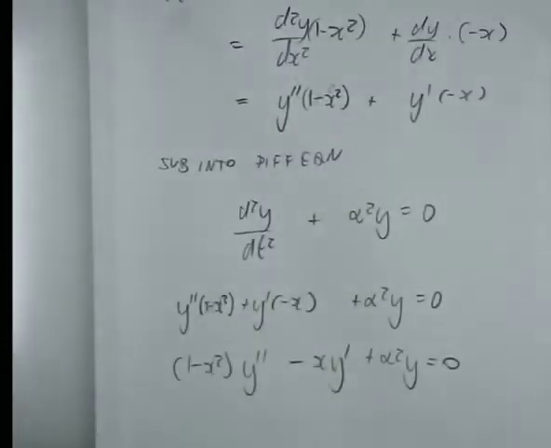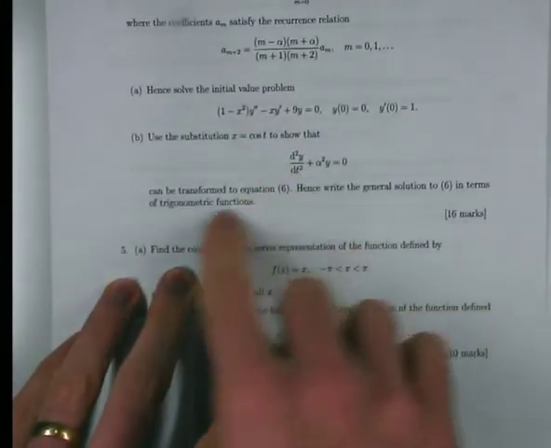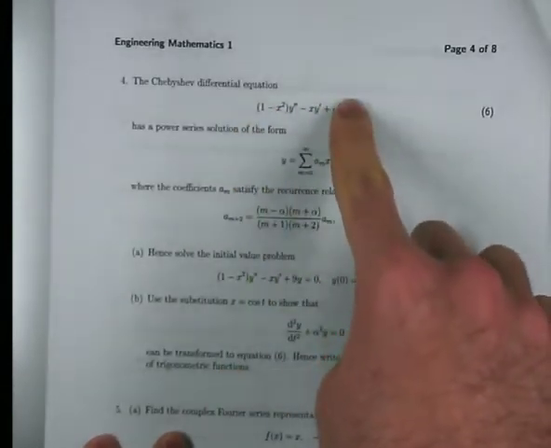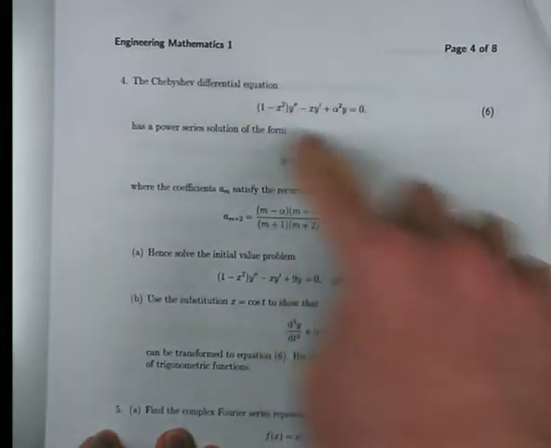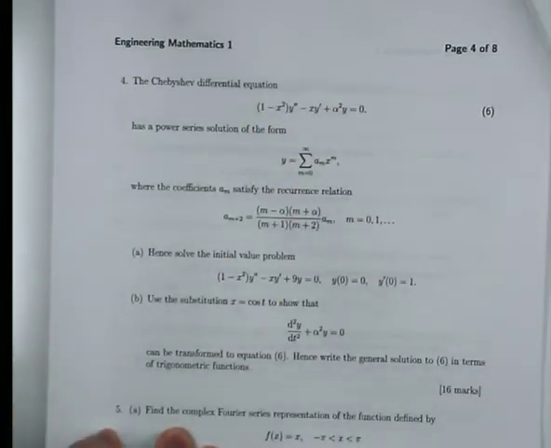I did it the other way around because that's specifically what the lecturer asked me to do. It said in the exam question that this can be transformed into this. So the lecturer who wrote the exam is thinking that you should start here and end here, and they gave that suggestion because they think it's the easiest way. And so it's usually the best plan to follow exactly the instructions you're given, because it's often shorter.